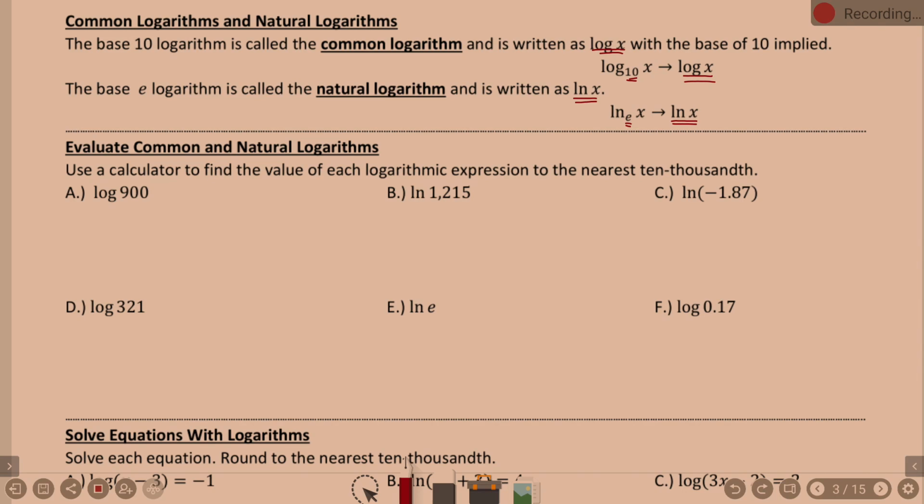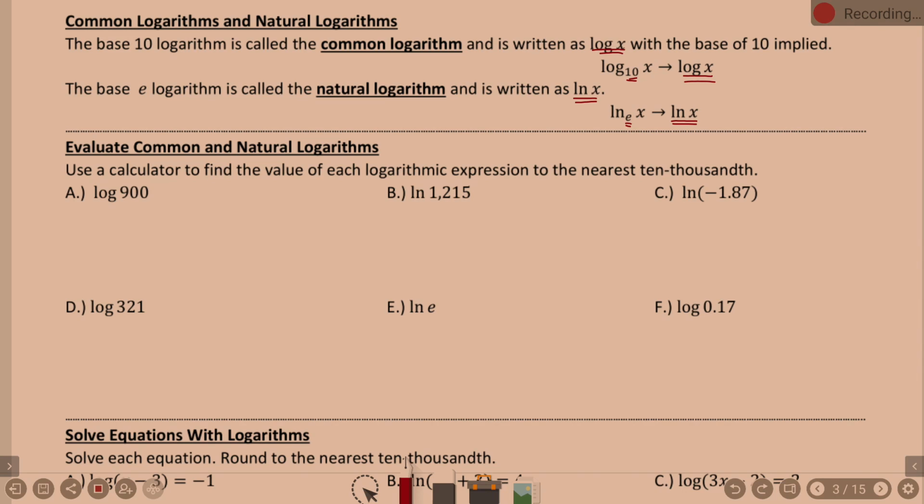Now, this section is the fun and easy section. Use a calculator to find the value of each logarithmic expression to the nearest 10,000th. So we'll have to talk about the rounding there. So, log of 900. Have you tried it? As long as you're using a scientific calculator, everyone has a log button somewhere, right?